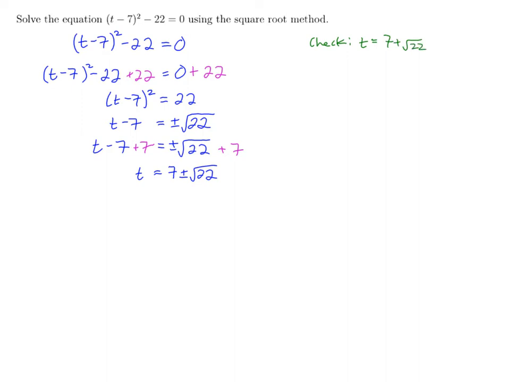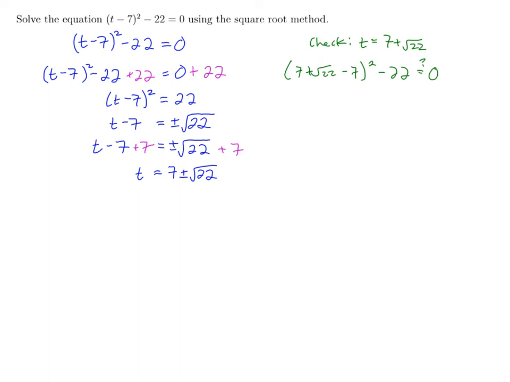That's our first proposed solution, so we'll go to that original equation and replace t with 7 plus the square root of 22. So we're going to have inside parentheses 7 plus the square root of 22 minus 7. That quantity is squared. We're subtracting 22, and then we're checking does that equal 0.